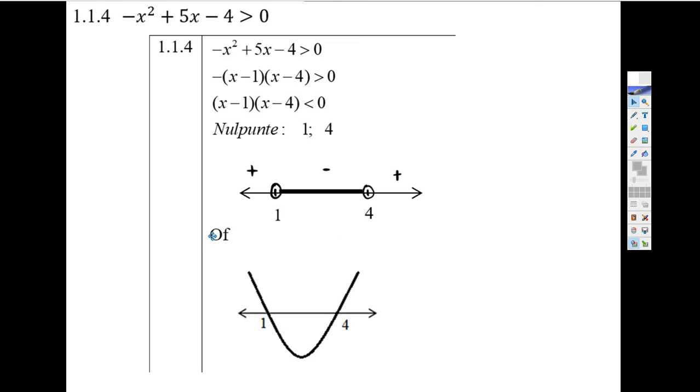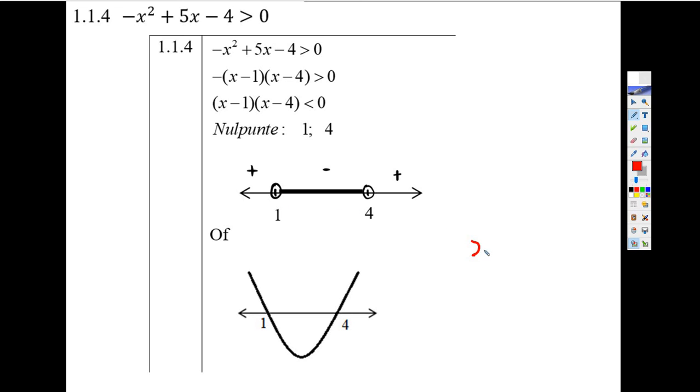And I haven't written the final thing here, and I should write the solution, because you have to write the solution. I can also think of this as a parabola. This x squared minus 5x plus 4, it's a parabola. And the way you have to write the solution, it's in between 4 and 1.